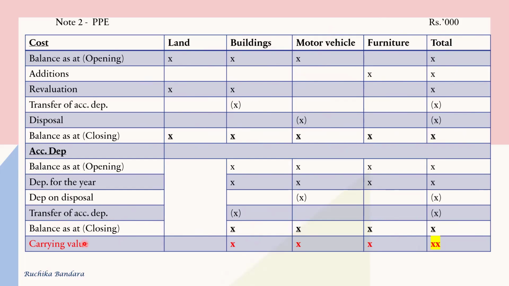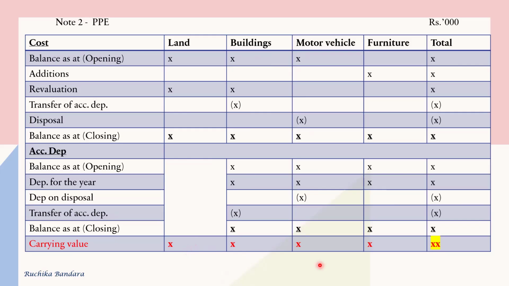The last entry is the carrying value, the difference between cost and accumulated depreciation. So you are writing the carrying value: here the land value, building cost minus accumulated depreciation, you get the carrying value. Motor vehicle cost minus accumulated, you get the carrying value.